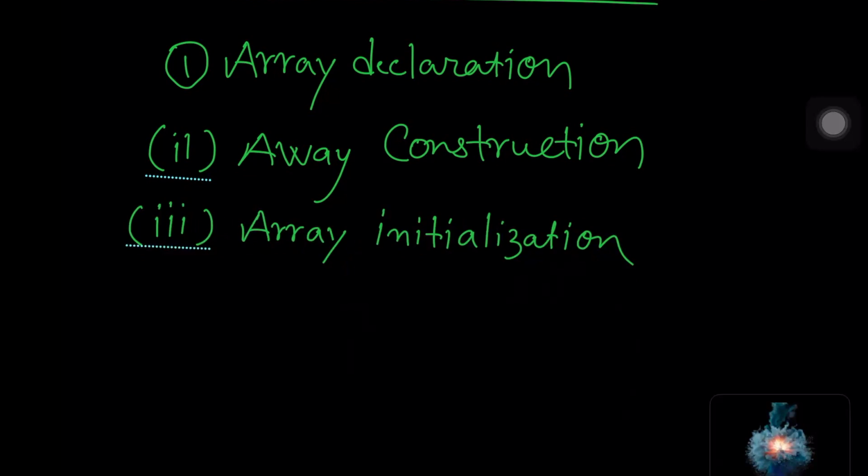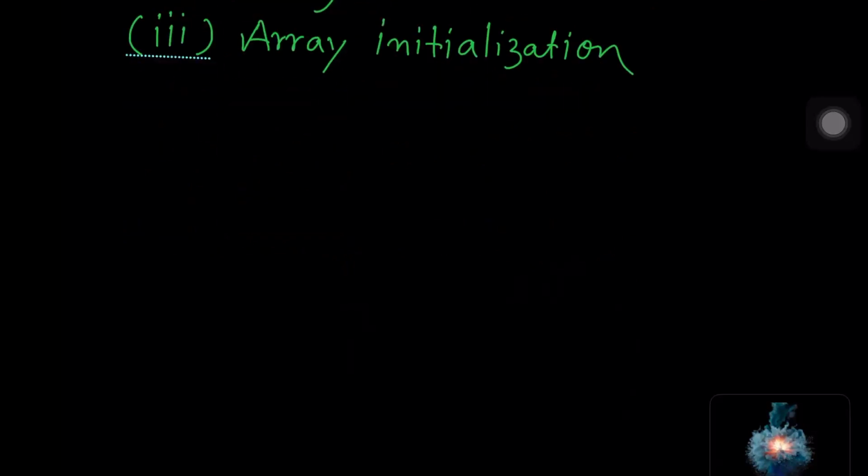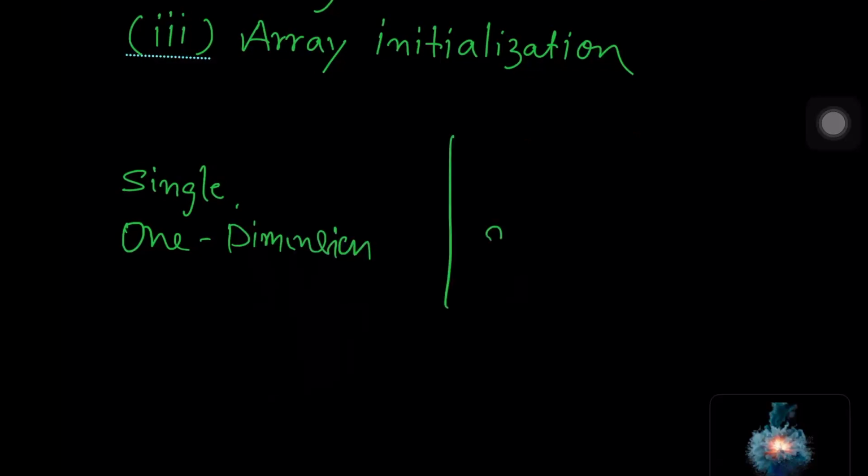Okay. So now there are two types of array we have. One is single dimensional array, another is two dimensional array. One is single dimension, one dimension we can call. Another one is 2D array or two dimension we can call.